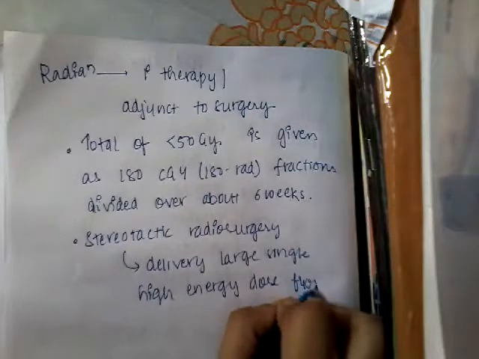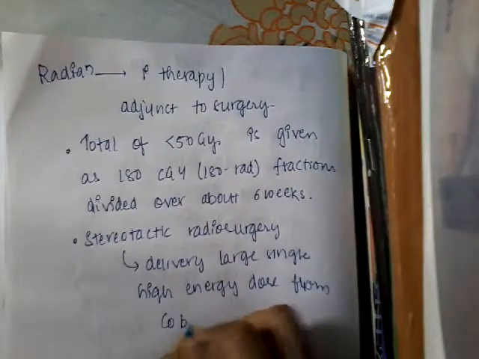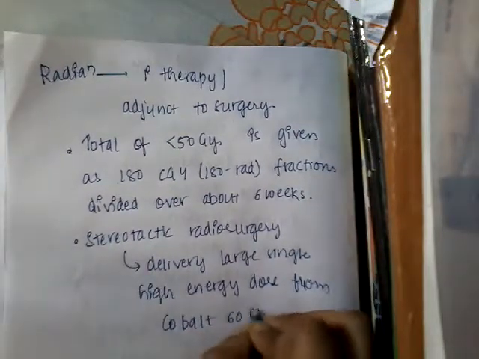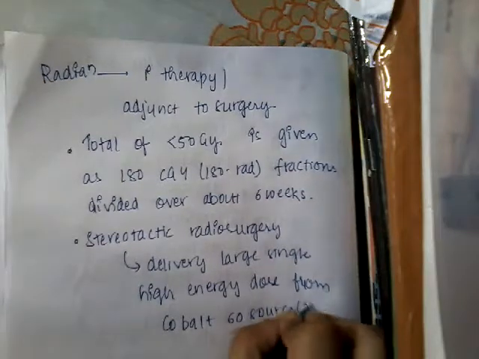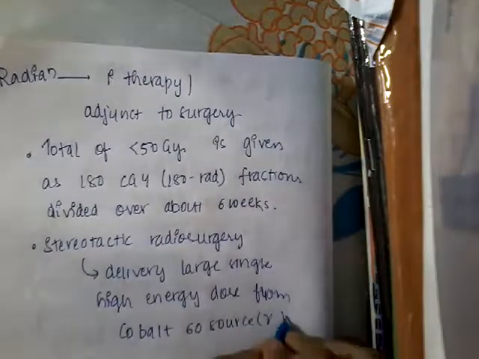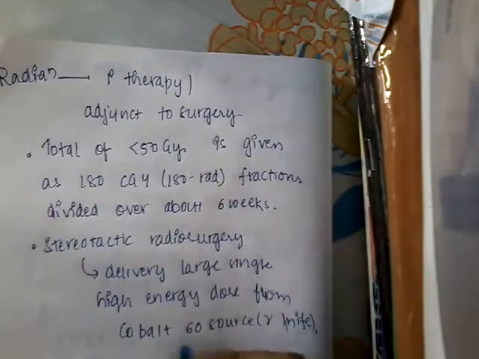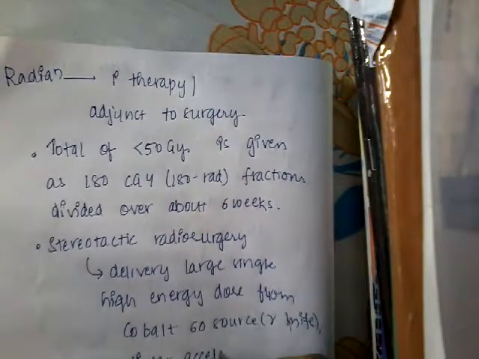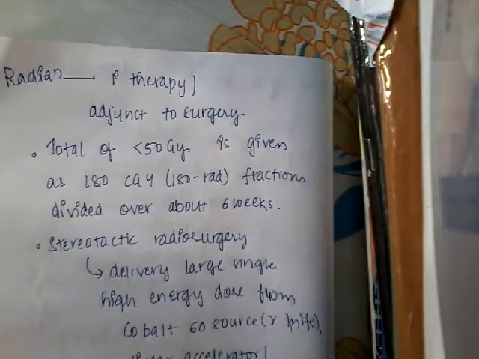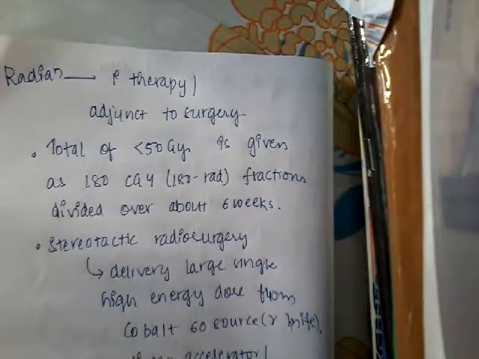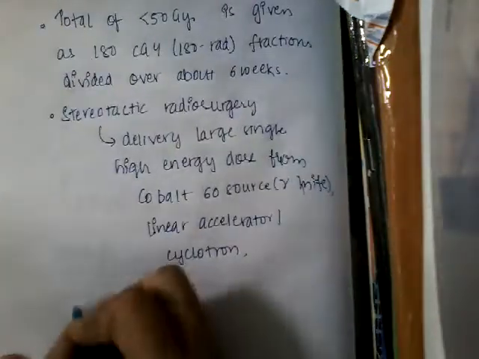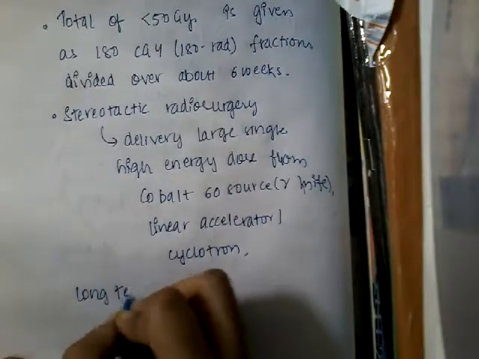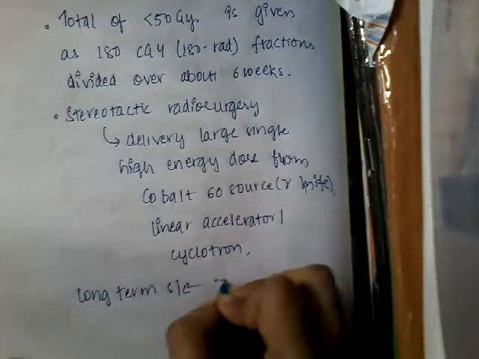You can use a cobalt 60 source, which is a gamma knife, or we can also use a linear accelerator, or a cyclotron can be used. The major long-term side effects are unclear.